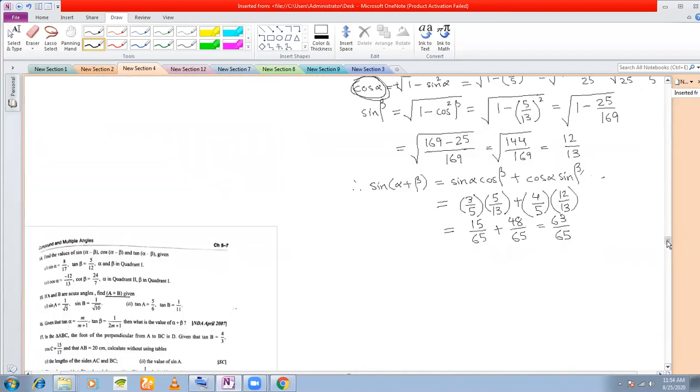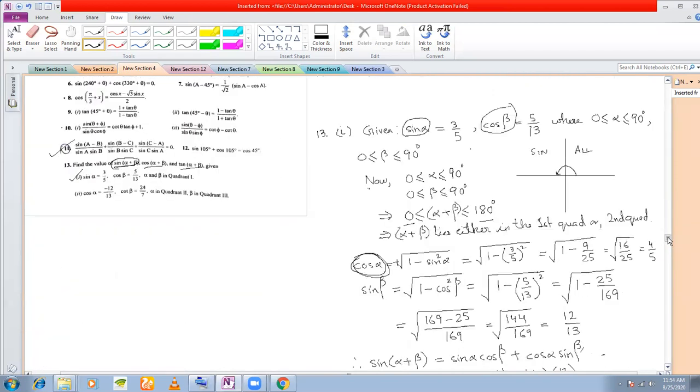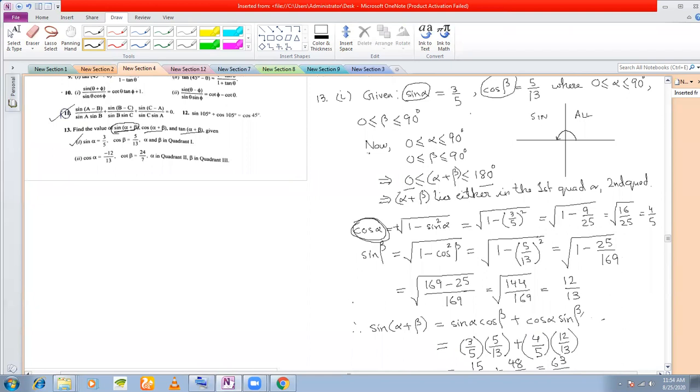Now is cos alpha plus beta. So sine alpha plus beta was number one.